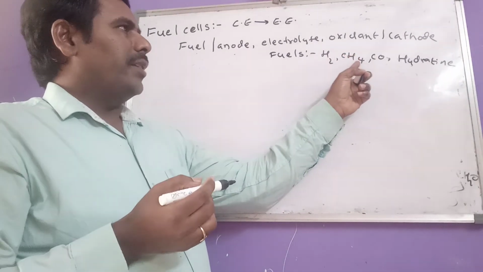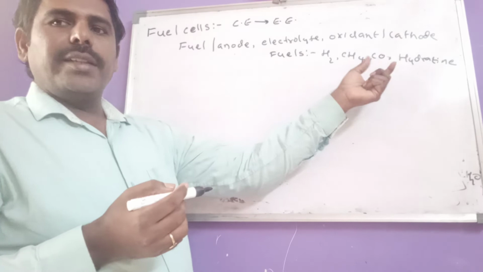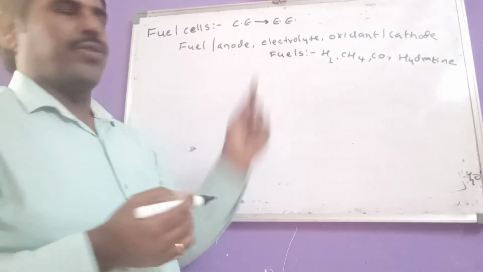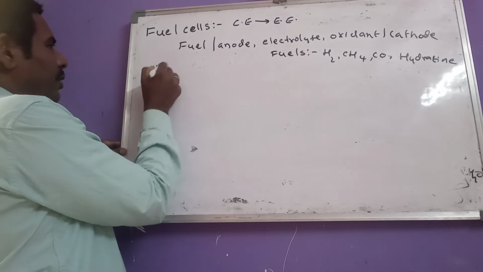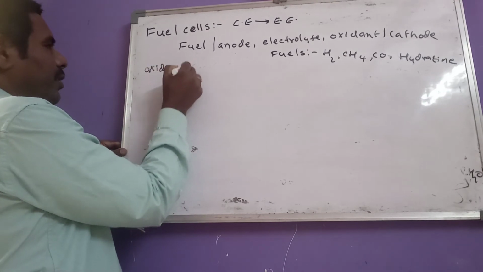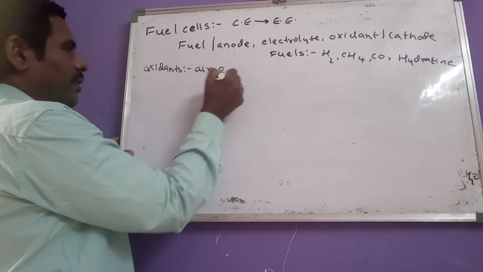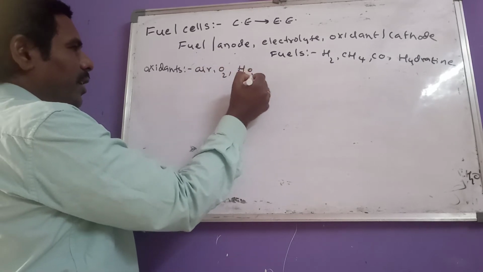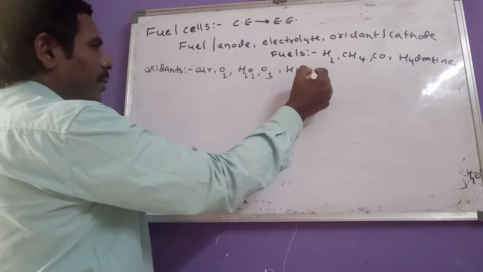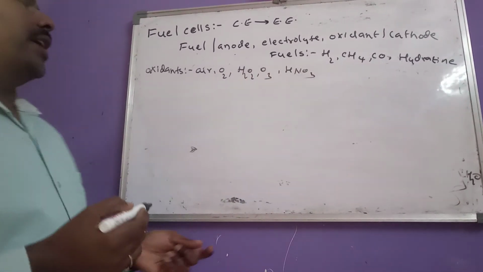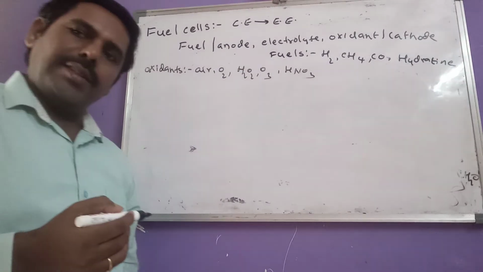And what are the oxidants we are using in these fuel cells? Air, oxygen, hydrogen peroxide, ozone, or HNO3. These are the oxidants we have to use in the case of fuel cells.